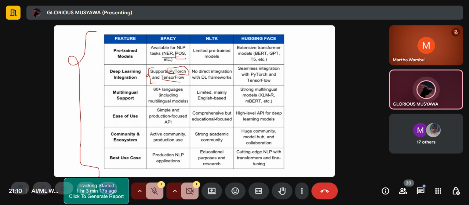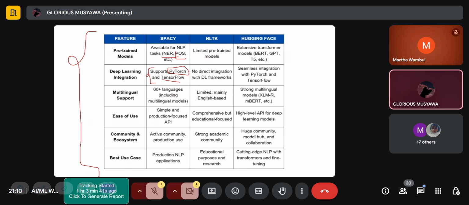So spaCy is simple, production focused. It has an active community. When you talk about community, when you experience a challenge in any of these Python libraries, pretty sure somebody else has experienced a similar challenge. So when you go to the community and ask a question, you'll find answers.